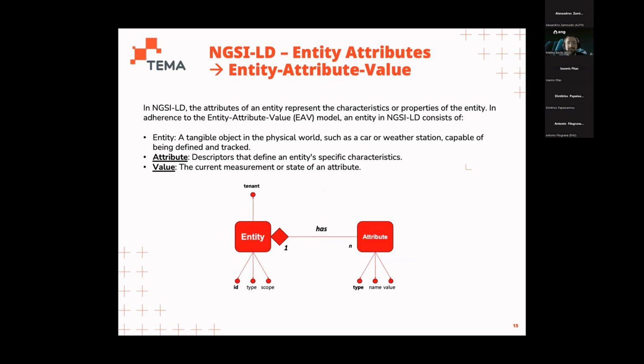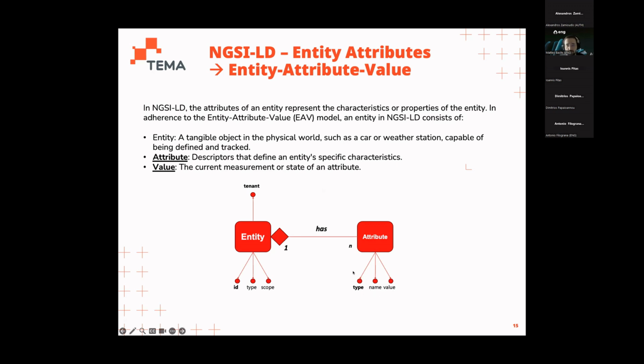Then we need to extend the meaning of the entity in NGSI-LD context broker, because we know that an entity has the ID, has the type, but has also attributes. And an entity can have one or multiple attributes. The attributes, in simple words, are the keys that we can find in the JSON of the entity. And each attribute is described by a type, a name, and a value.